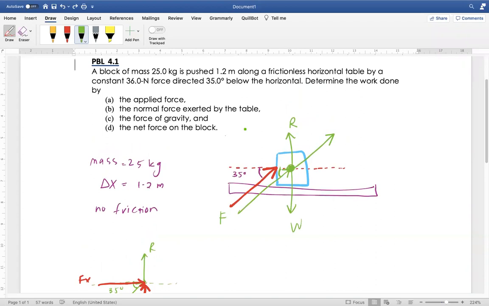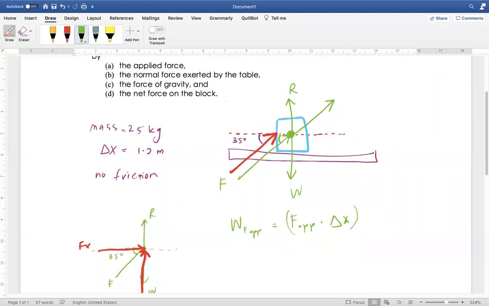Okay, it says determine the work done by the applied force. That's easy. That's simply the work done by the applied force. I'm going to label this as W of F applied. That is F applied dot product with displacement. That is our equation.